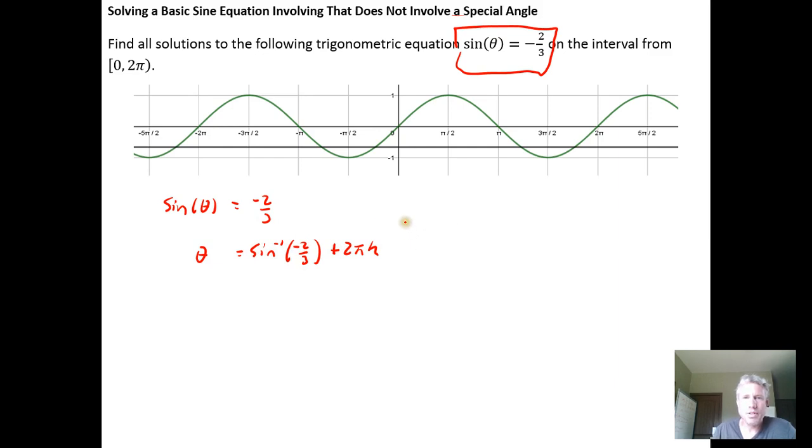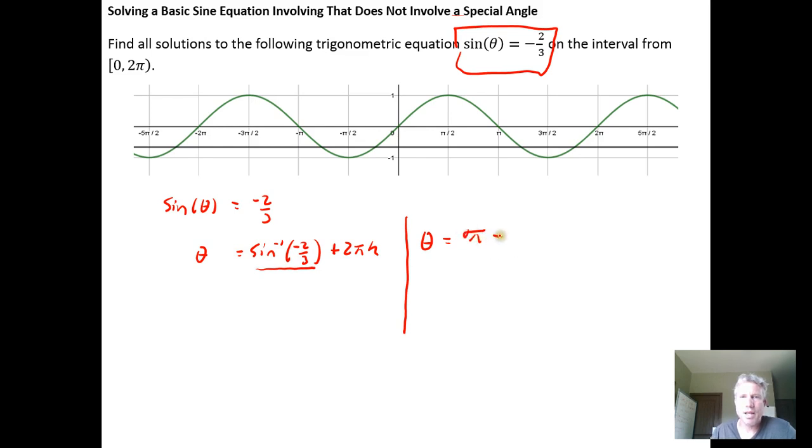And the moment I do this, I know that I also get a set of supplements as solutions as well. So I also get angles that look like this. Theta equals, I need the supplement of this angle, so I have to go pi minus this angle to get its supplement.